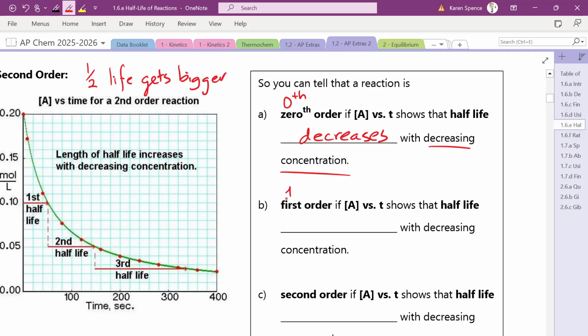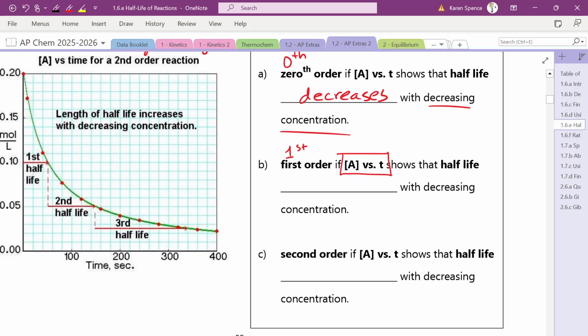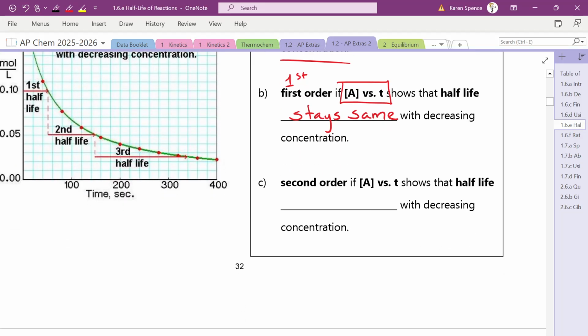For first order, if we graph A versus T, as concentration decreases, what happens to half-life? Half-life stays the same. And for second order, what happens with decreasing concentration to the half-life? It increases. Okay.